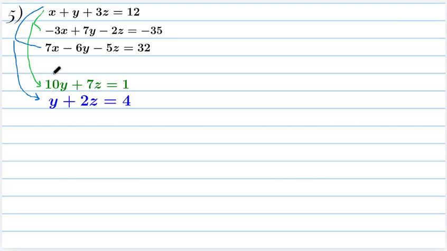But if I want to just cancel out the y's, all I need to do is take my second equation and multiply it times -10, and I now have opposite signs on that equation. So that first equation becomes 10y plus 7z is equal to 1. And our second equation becomes negative 10y minus 20z is equal to negative 40.